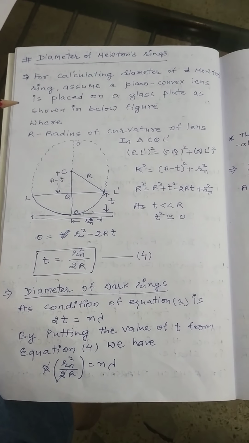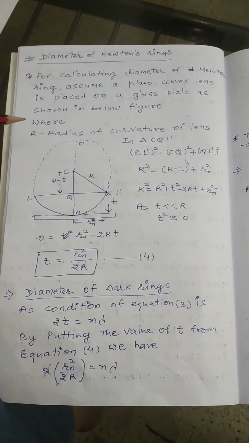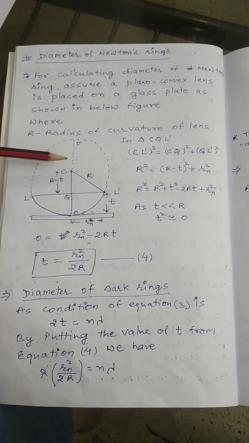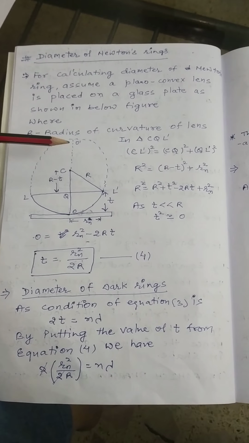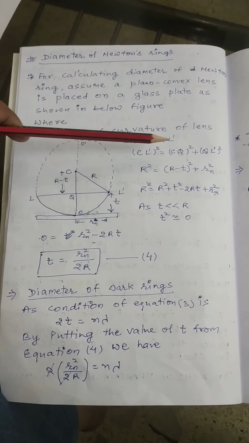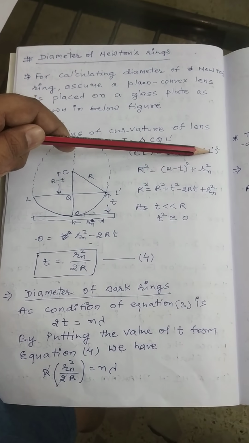where R is the radius of curvature. In triangle CQL', we have seen that as per the Pythagoras theorem, CL' square is equal to CQ square plus QL square.